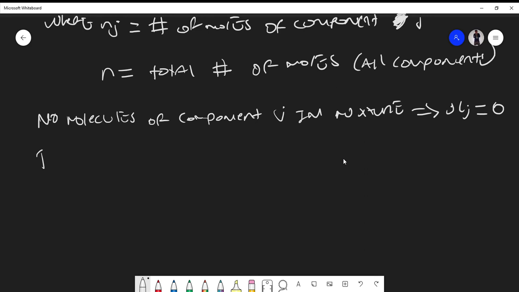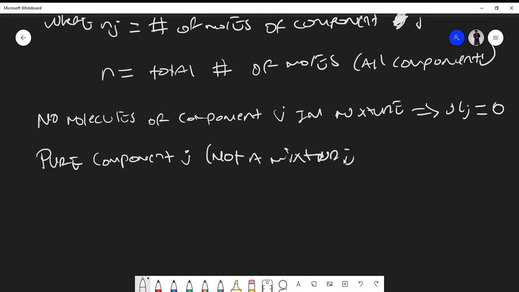We also need to know that for pure component j, not in a mixture, xj is equal to 1. So for a pure component, which is not in a mixture, xj is equal to 1.